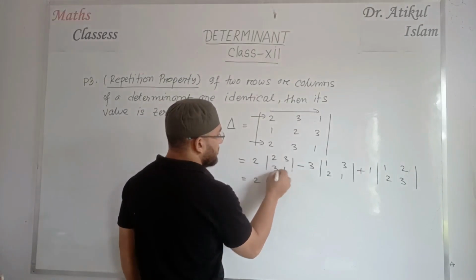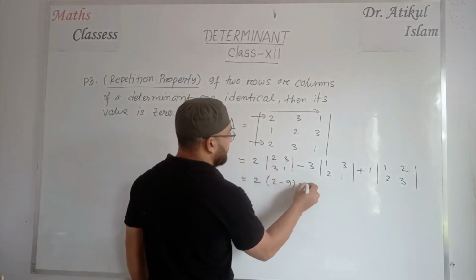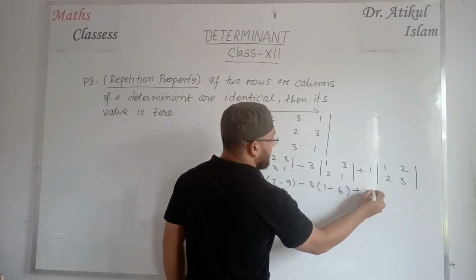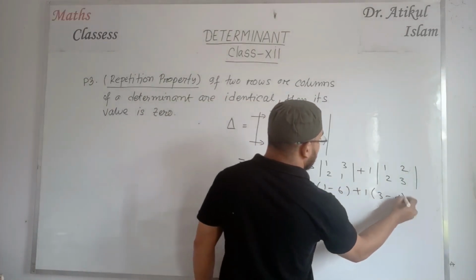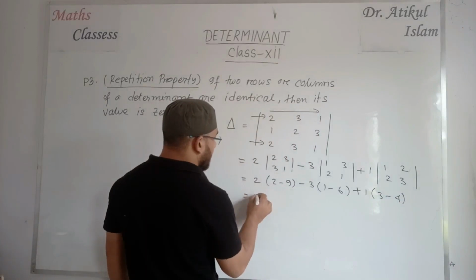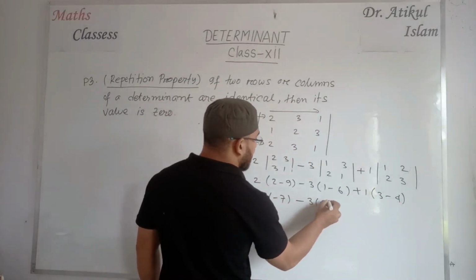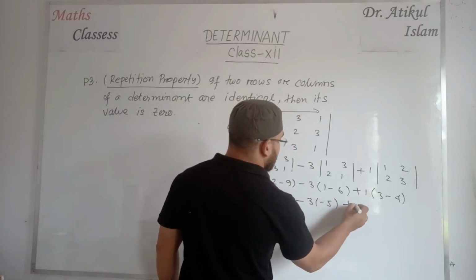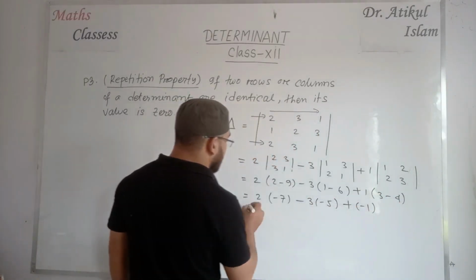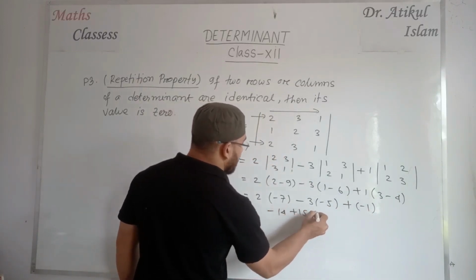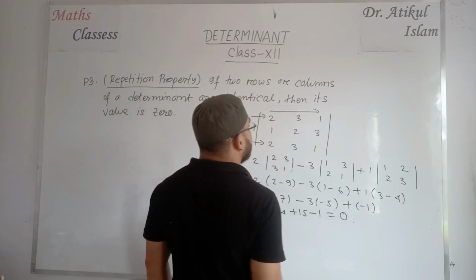So here will be 2 times (2 minus 9), minus 3 times (1 minus 6), plus (3 minus 4). So 2 times minus 7, here is minus 5, here is minus 1, which is minus 14 plus 15 minus 1 equal to 0.